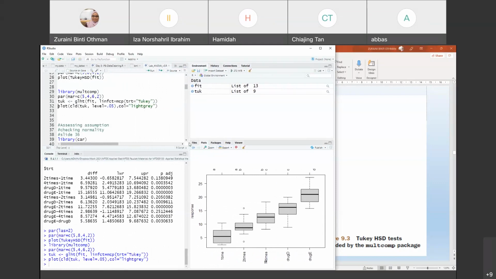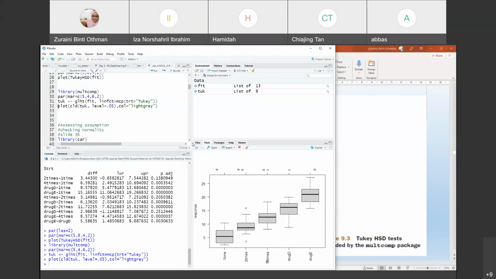Or if you don't want to plot the graph, you may draw some conclusions by looking at the p-value here. But if we have a lot of data, it's quite tough for us to find the significant values, right? So this may make things easier for you.